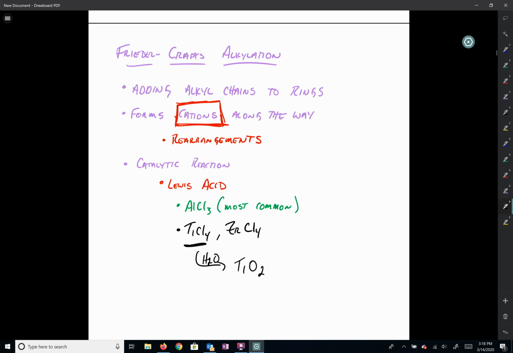Titanium dioxide is found in a lot of cosmetics, in sunscreens and things like that. White paints tend to have titanium dioxide in them just because it makes a very shiny, brilliant white color.